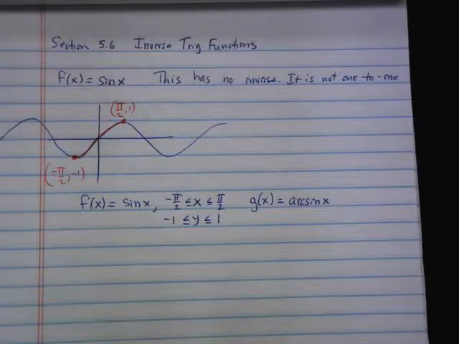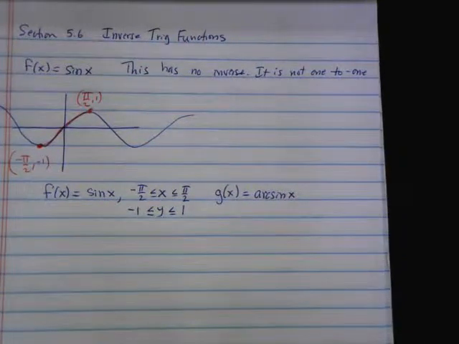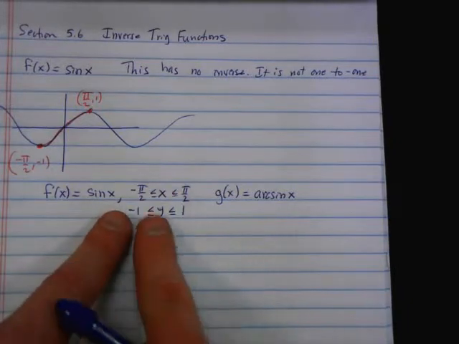For arc sine, what would be the domain? What kind of x numbers can I plug in? I can plug in x numbers between -1 and 1, because remember what the inverse does. The inverse interchanges the x's and the y's.